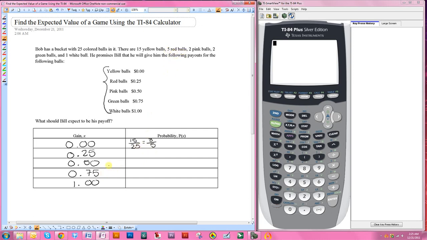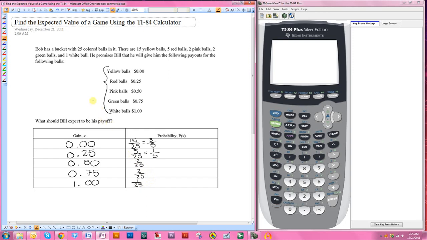There are 5 red balls, so the probability of getting 25 cents is going to be the probability of getting a red ball, which is 5 out of 25, or 1 out of 5. Okay. There are 2 out of 25 pink balls, and that doesn't simplify any further, and 2 out of 25 green balls, and 1 out of 25.